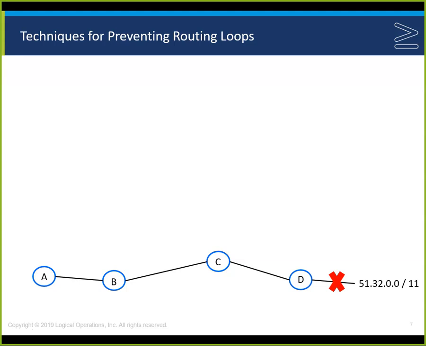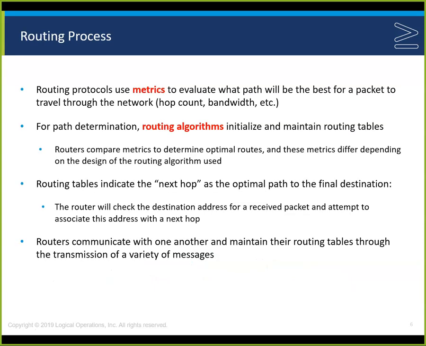It broadcasts its entire route table every 30 seconds, so it could take a while to get some information from one to the other. In this case, this network over here goes down. It then gets advertised as down, and split horizon is the thing that allows that to happen.